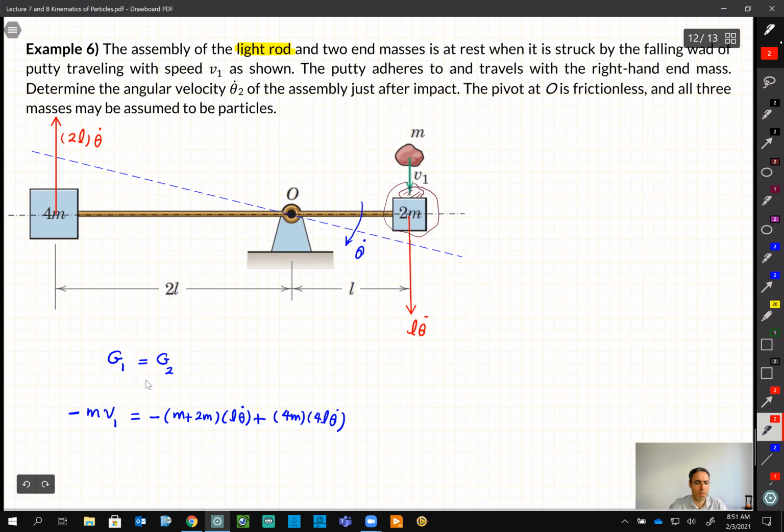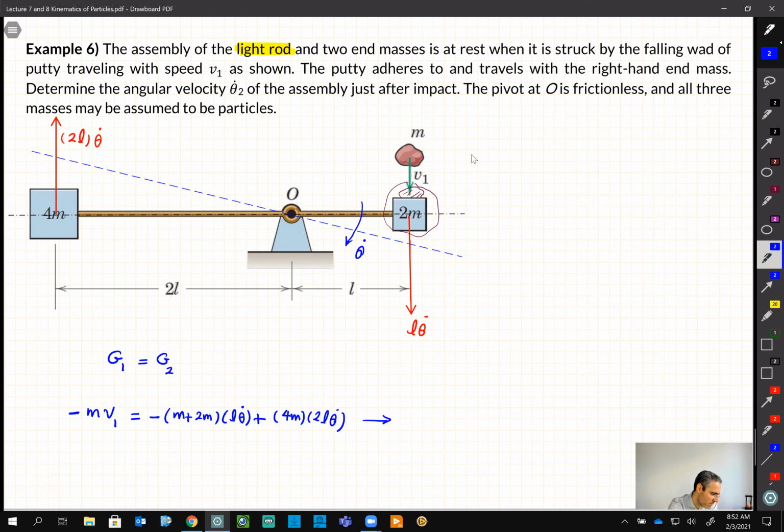All right, so let you guys take a look, and if you have a question, please ask. Let me also check chat. And thank you. We have to correct it also here. 2L. And we are done. From here, we will simply find out theta dot.